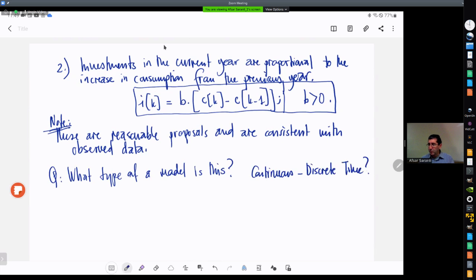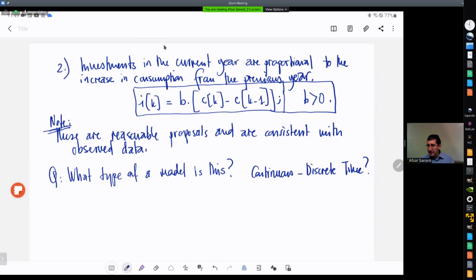We have discussed that this is a discrete time model because we don't have a continuous time variable, but we have an index k, which in this case is yearly. k equals 1 and k equals 2 means a year has passed between the k values.